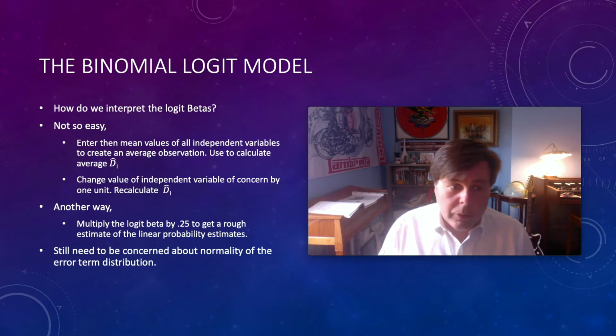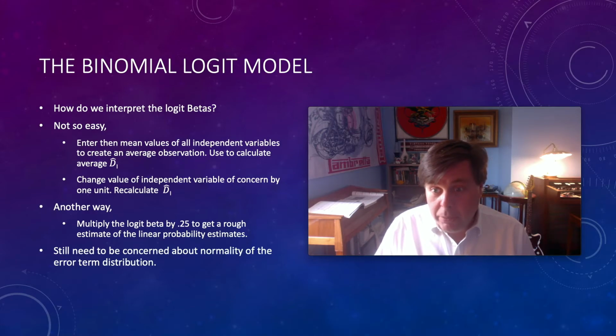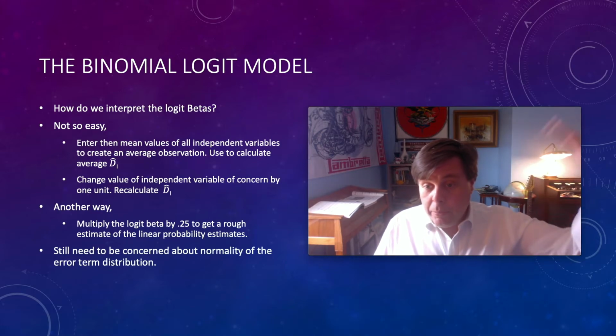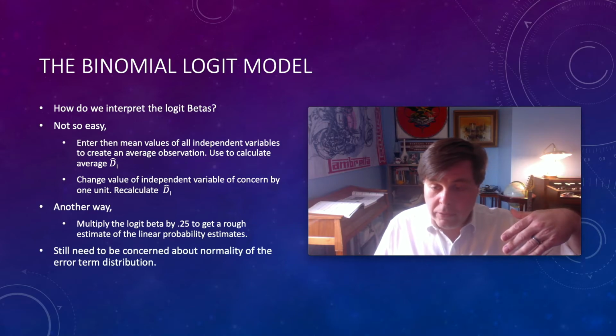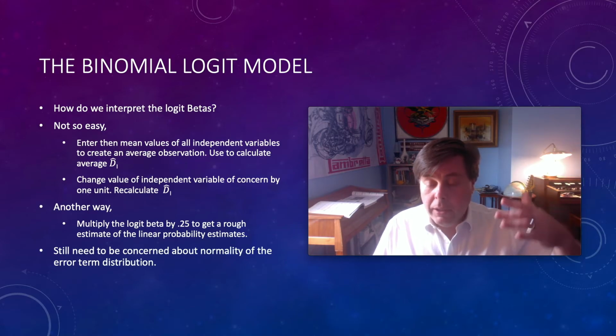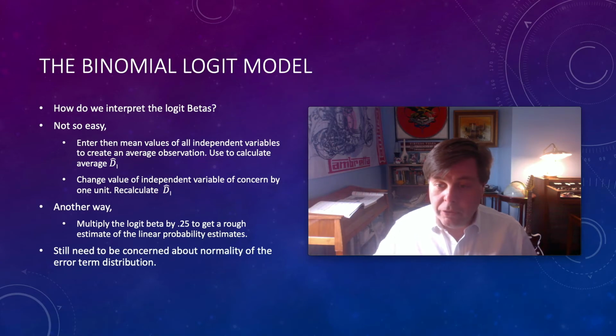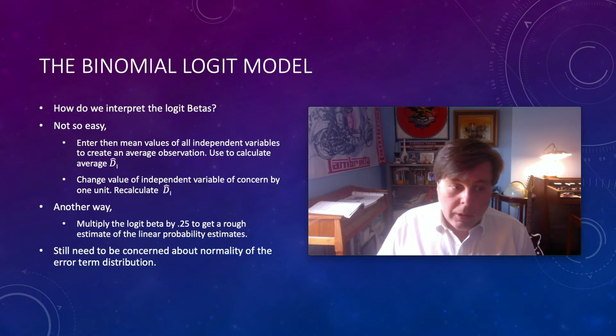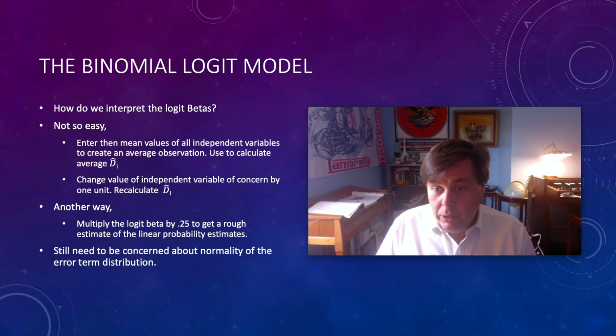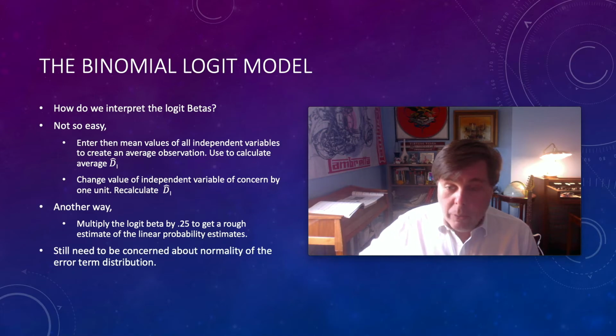To walk through an example, let's say the likelihood that a person buys a thing, so either they buy it, 1, or they don't buy it, 0. Let's say that's a function of a series of independent variables. Maybe one of them would be the time of day, or whether it was advertised, or how much was spent on advertising.